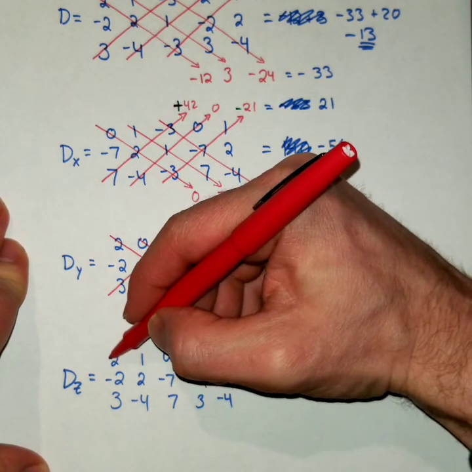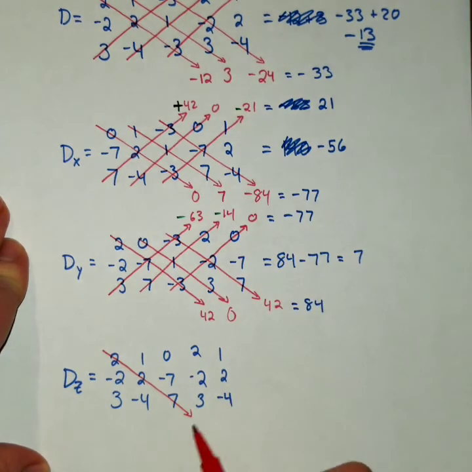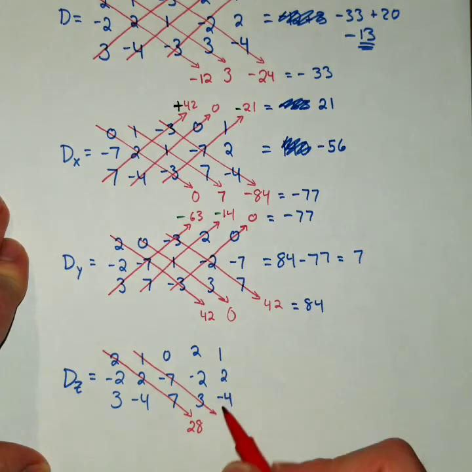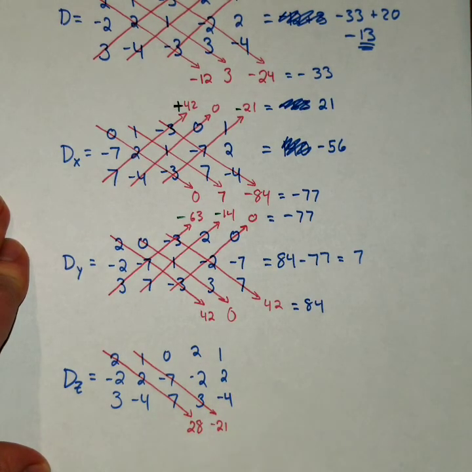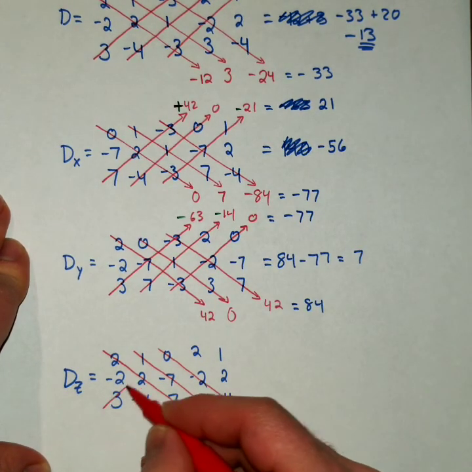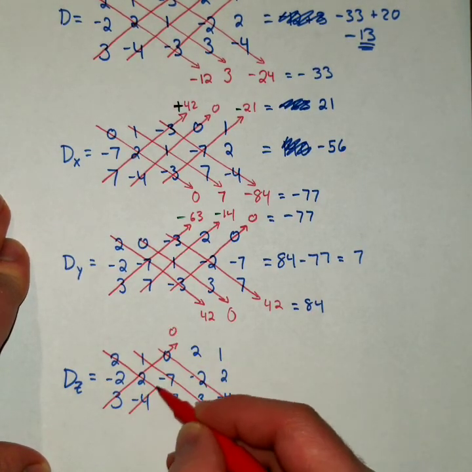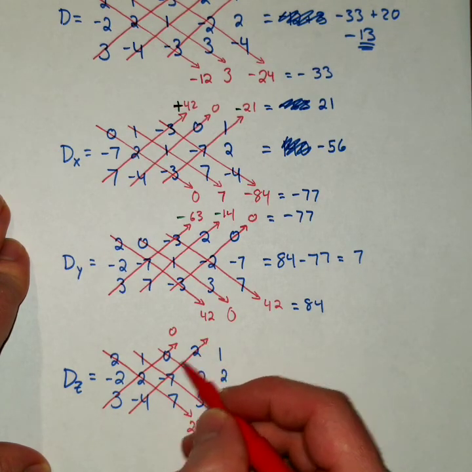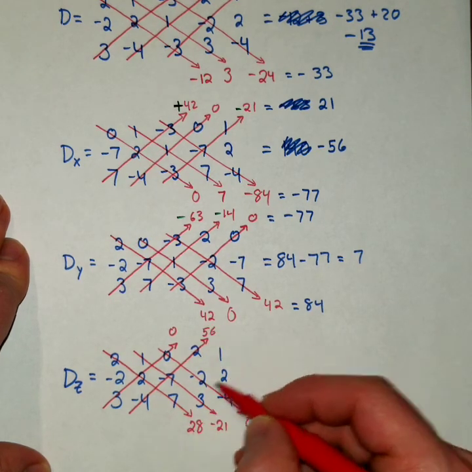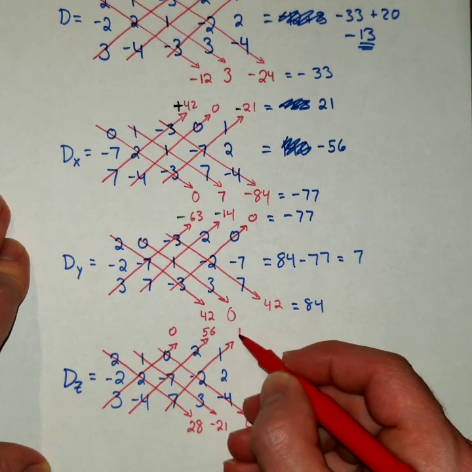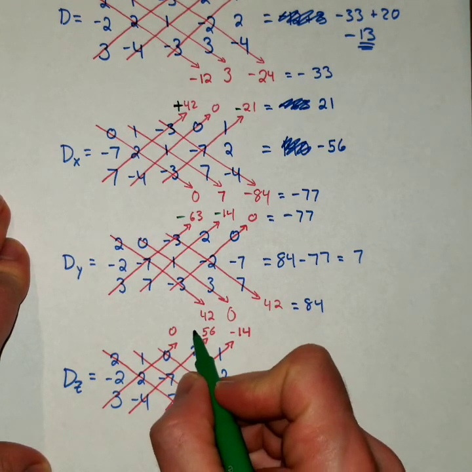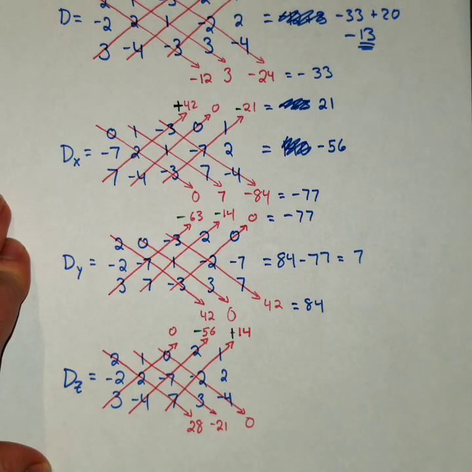We're going to do our 3 diagonals each way. 4 times 7 is 28. 3 times 7 is 21, but here I've got to include the negative. That's a 0. This one is a 0. This one is 8 times 7 is 56, and it's positive. This combination is 14, and it's negative.